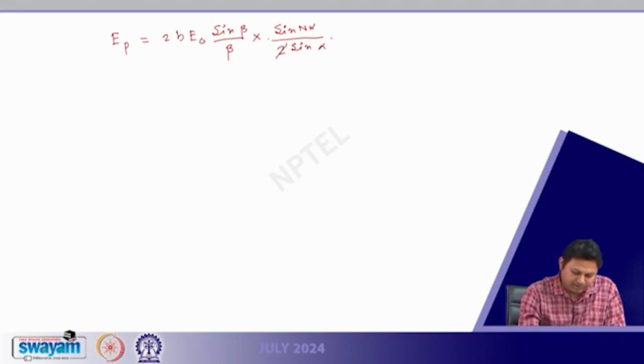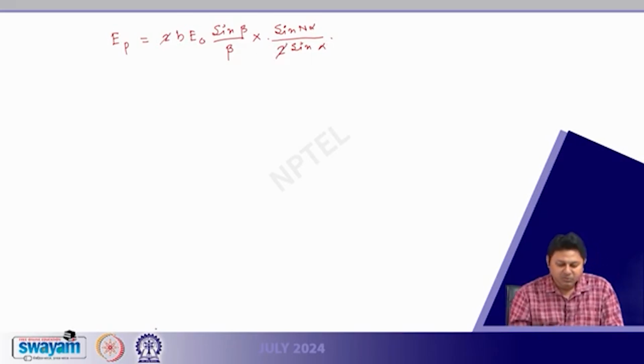These two terms will cancel out, and we get an even simpler expression, which is E naught B multiplied by sine beta by beta into sine n alpha divided by sine alpha.